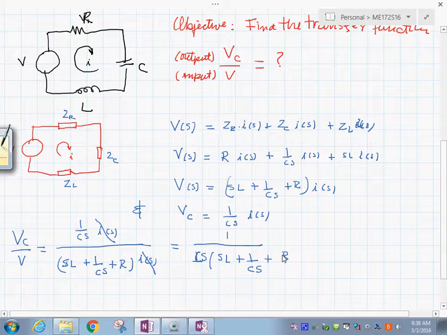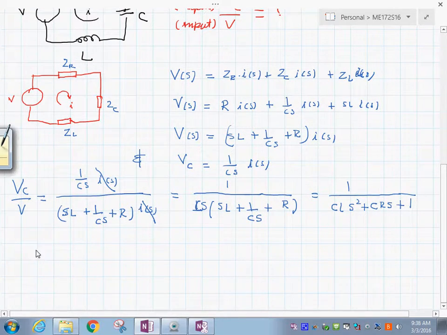Okay, so we conclude, based on these principles that we have applied, that the transfer function of VC in relationship to V is equal to 1 over C times L times S squared plus C times R times S plus 1.